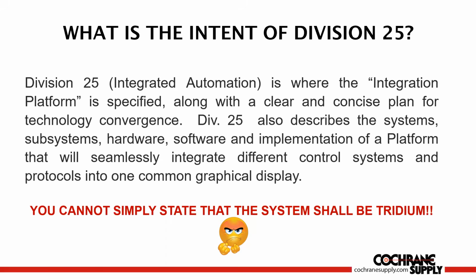But what we like to do is explain that if you're talking about an open system, you're talking about three things: open technology, which would be Niagara. Niagara is like the Windows of building technology. You're talking open protocol, right? And BACnet is the cream of the crop.